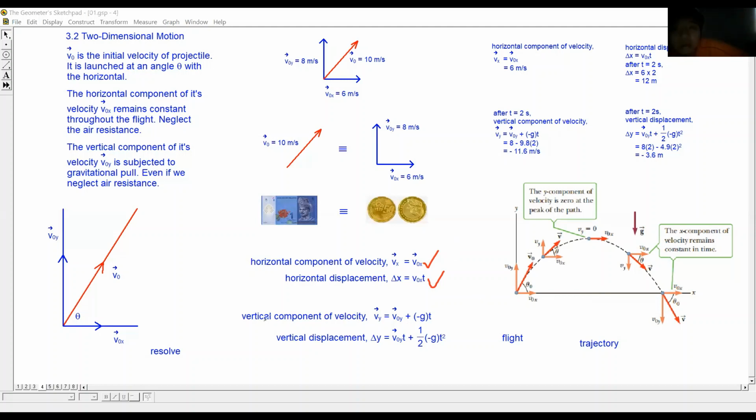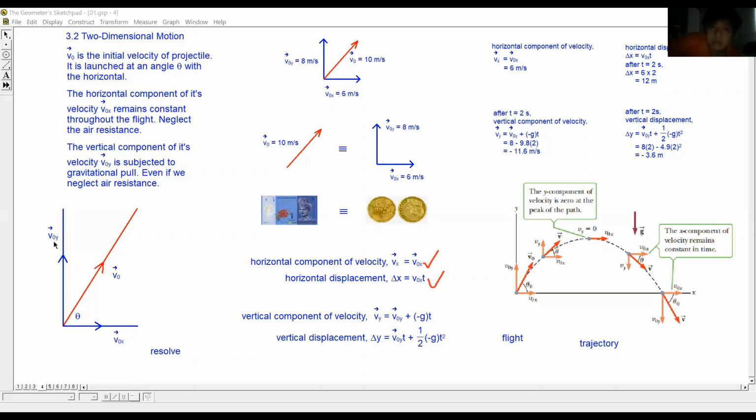Now, if you look at the vertical component of the velocity, this is the horizontal component and this is the vertical component. The initial vertical component is V naught y. This component is subjected to gravitational pull.